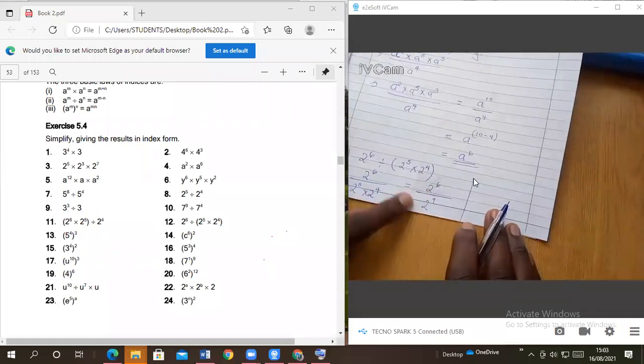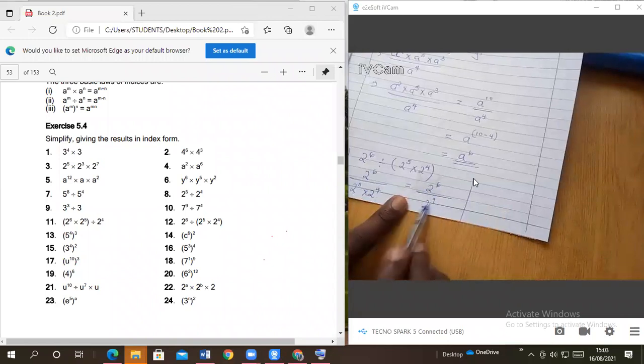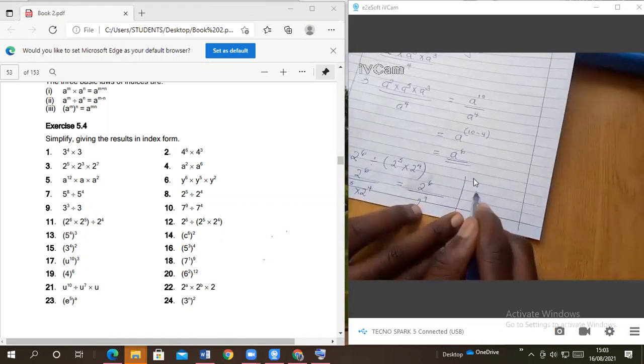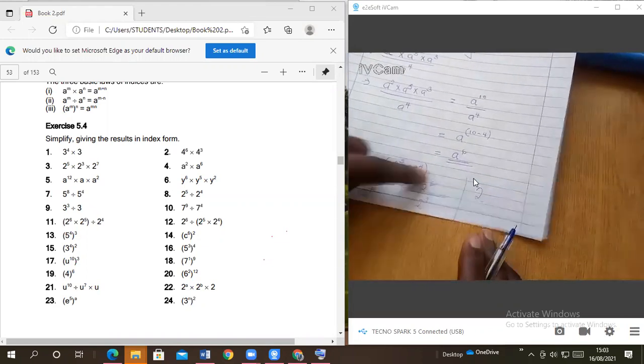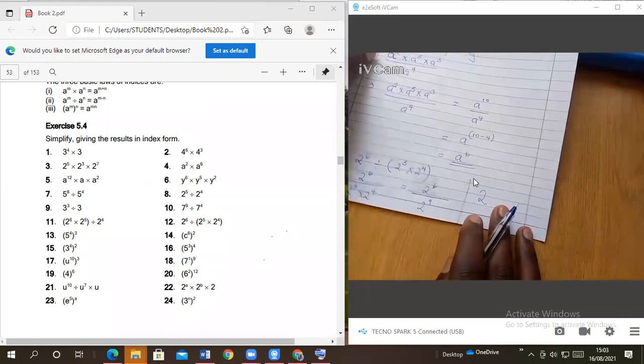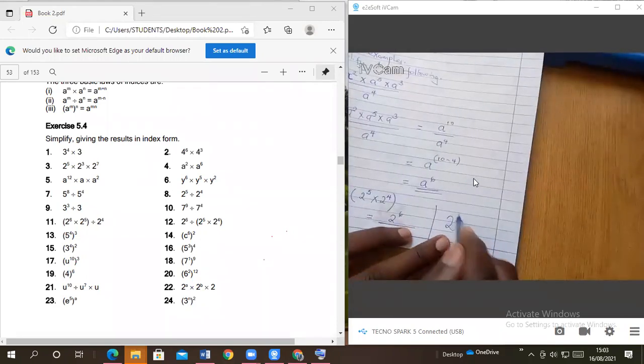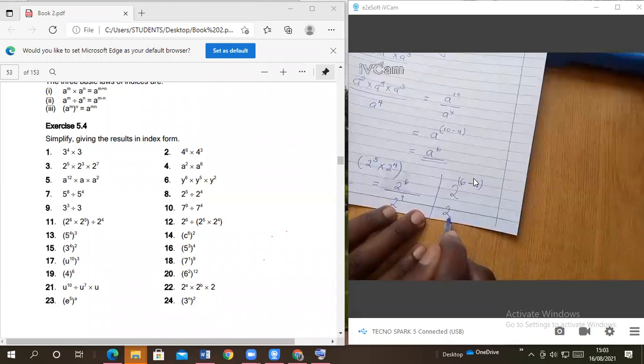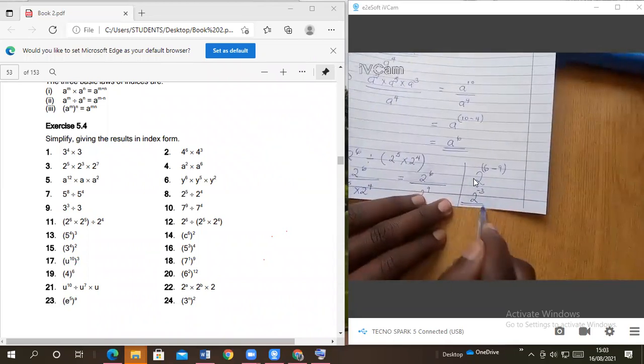We have not yet simplified, so we go ahead, because the question says simplify. Remember, when we are dividing and they have the same base, we subtract. So this gives us 2 to the power 6 minus 9, which is 2 to the power negative 3.